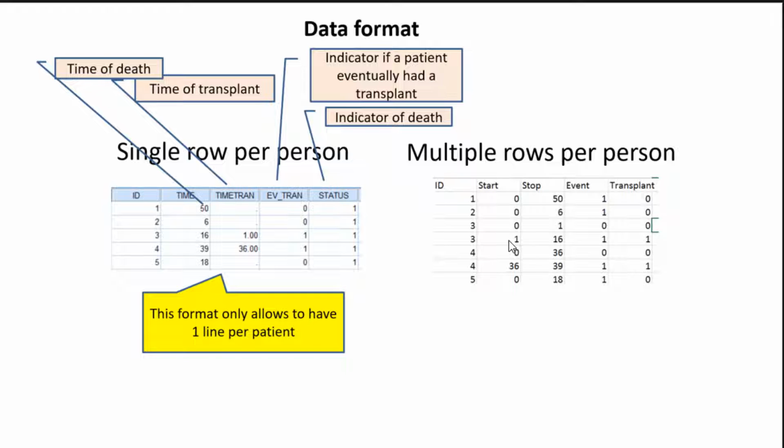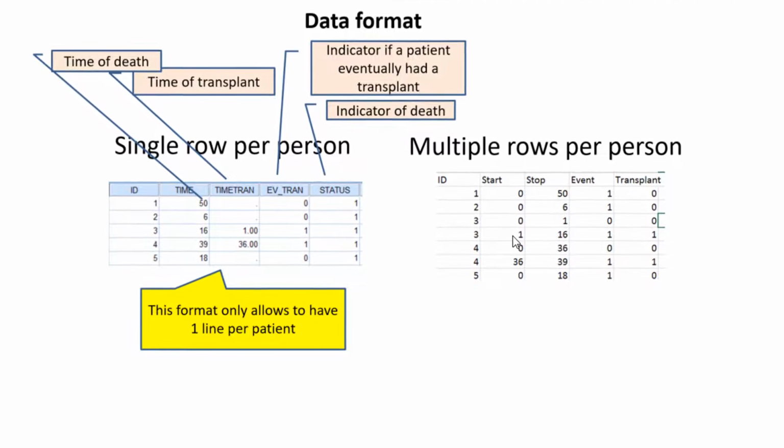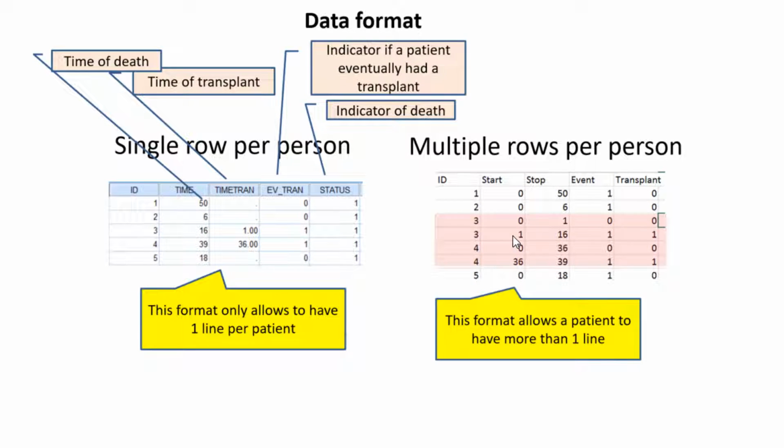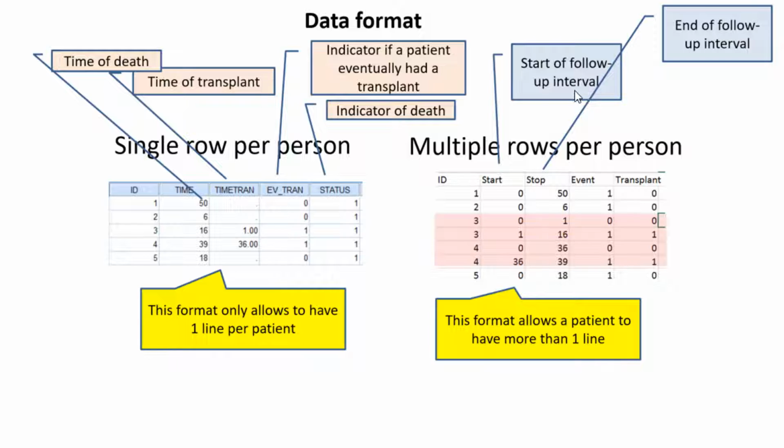In the multiple rows per person dataset, a patient who had a transplant is entered in 2 lines in Excel. For ID number 3, the transplant occurred at day 1. The variable start indicates the start of the follow-up interval, and stop indicates the end of the follow-up interval.